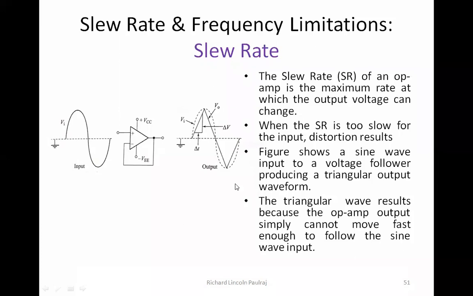So let's start with the slew rate. The slew rate of an op-amp is the maximum rate at which the output voltage can change. So it's nothing but how much there can be a change in the output. Now, an output, as we all know, cannot be constant.